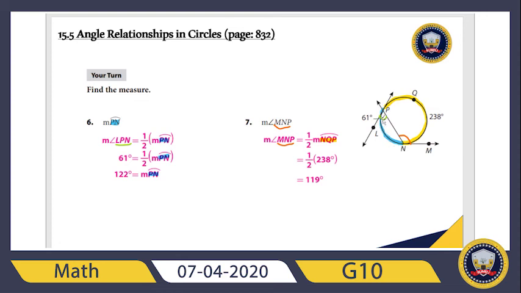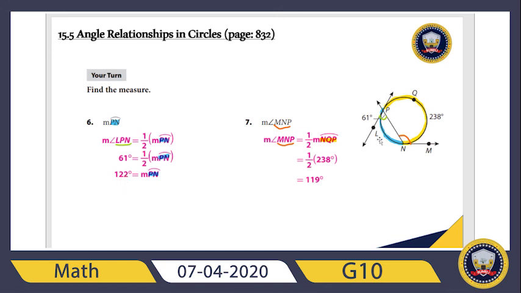Now I'm given that LPN is equal to 61. I will plug it into my equation. So 61 equals half of the length of the arc PN. Multiply both sides by 2. 61 multiplied by 2 is 122. So the measure of the arc PN is equal to 122 degrees.